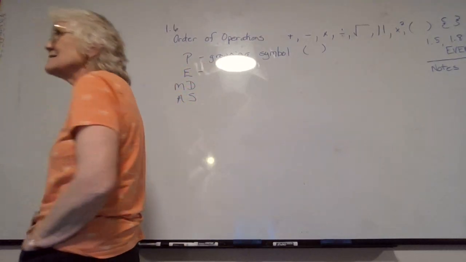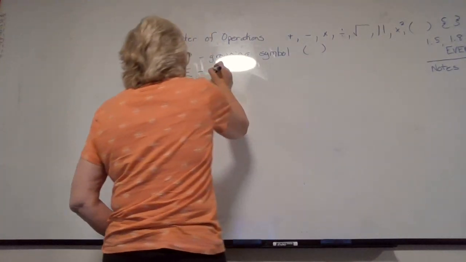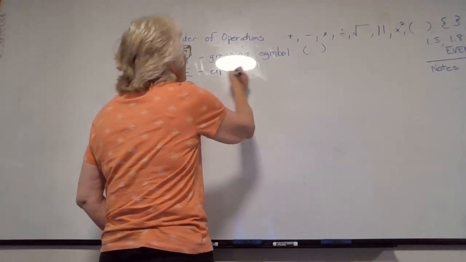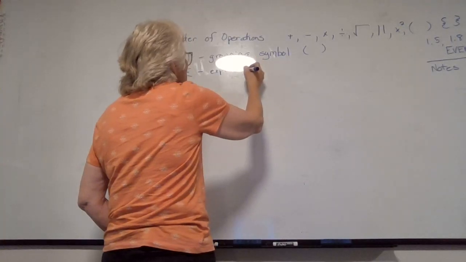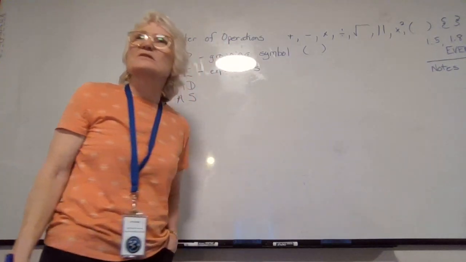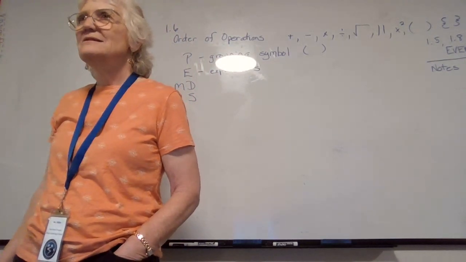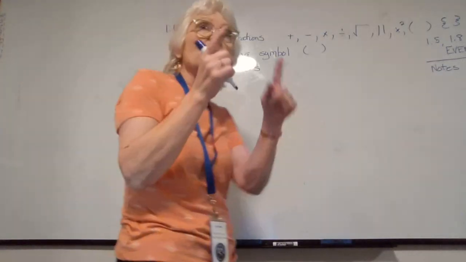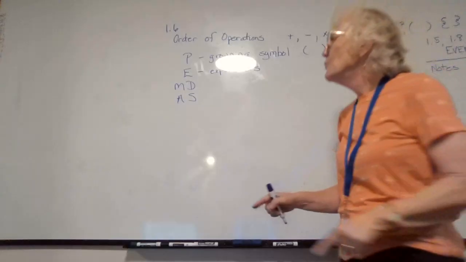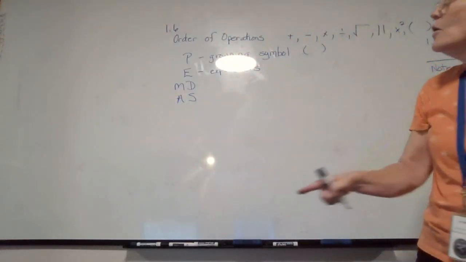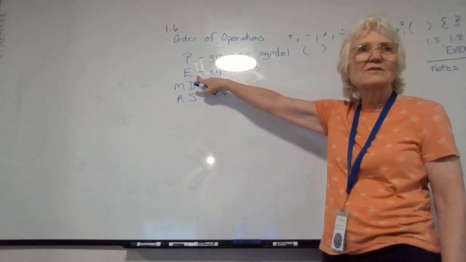What does E stand for? Yes, exponents. Now what's very weird is exponents. With exponents, there's actually another thing that goes with it. We include multiplication and division because they're related in the same line. We include addition and subtraction because they're related, okay? We don't include the one that's related to this.